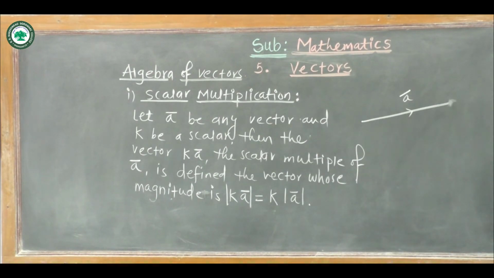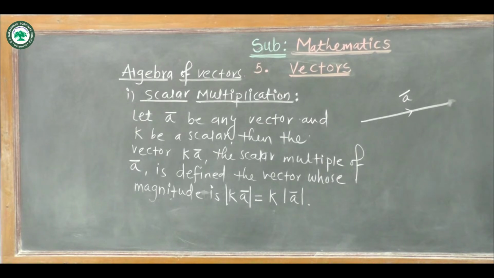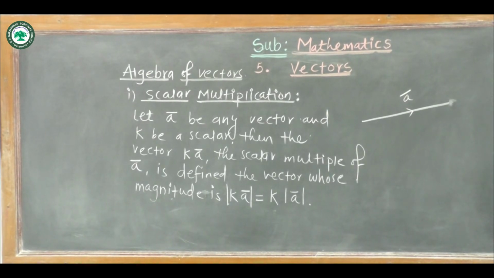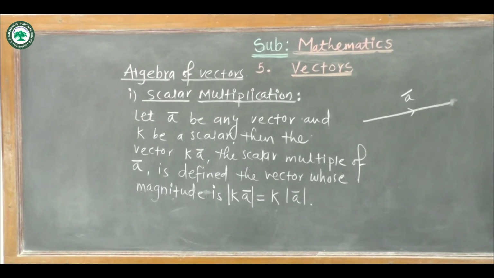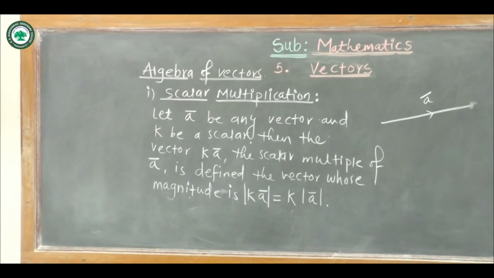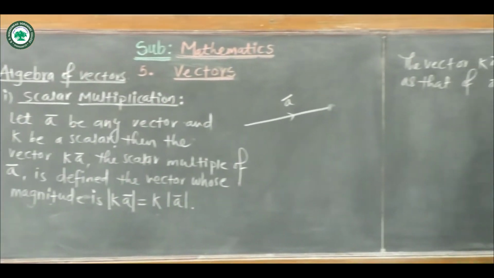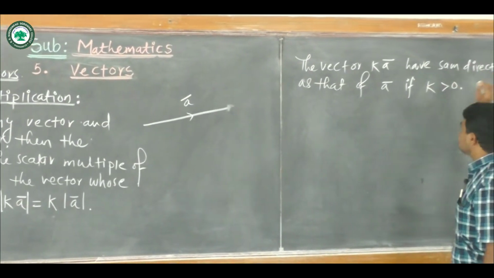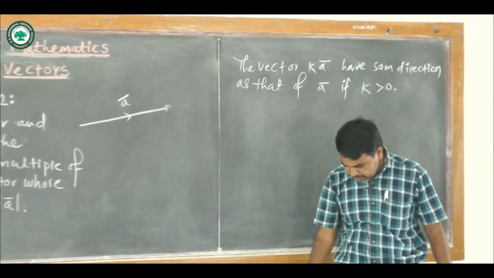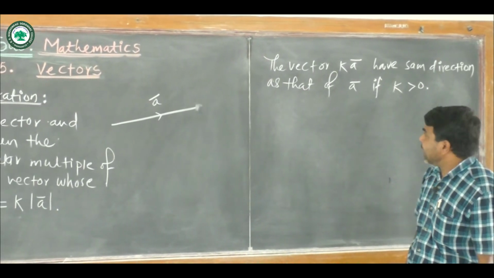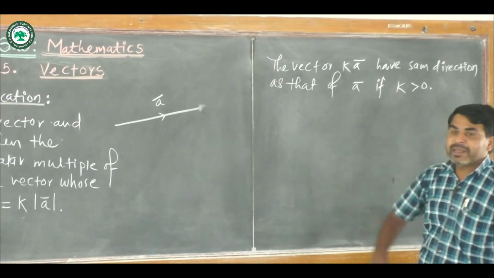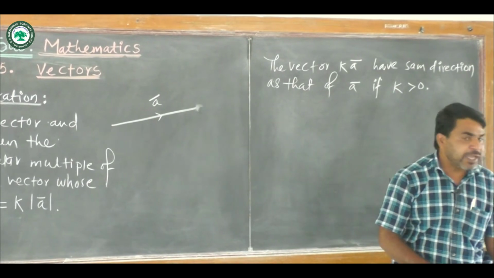The vector k into a bar has the same direction as that of a bar if k is greater than 0. It means the direction of vector a and k into a bar is same if k is positive.